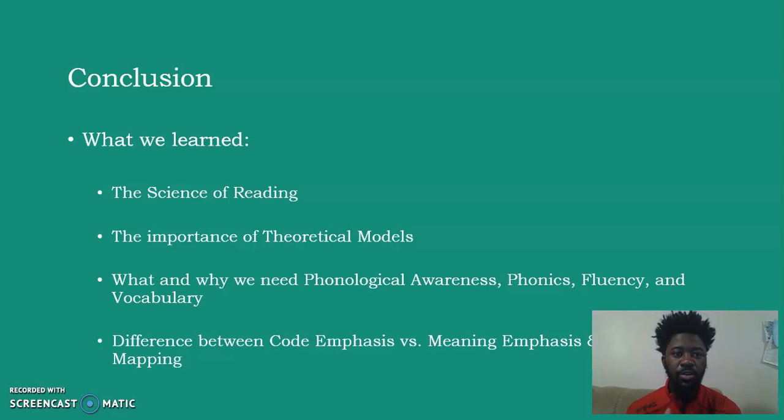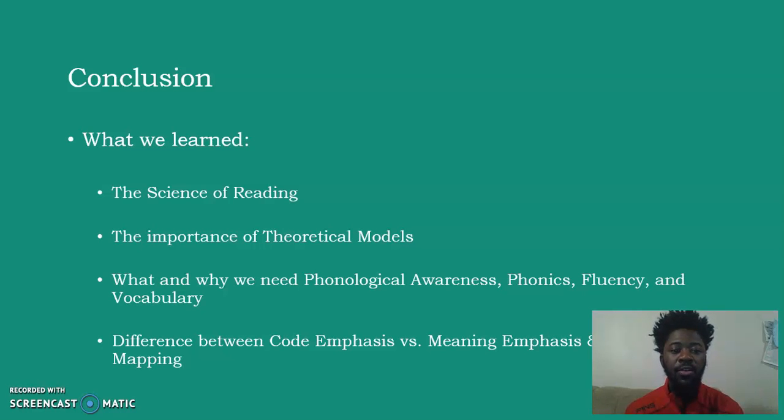And here's the conclusion of my presentation. So here's what we learned today. Number one, we learned about the science of reading. Basically, what is the science of reading? The importance of the theoretical models and what role each one of those played.